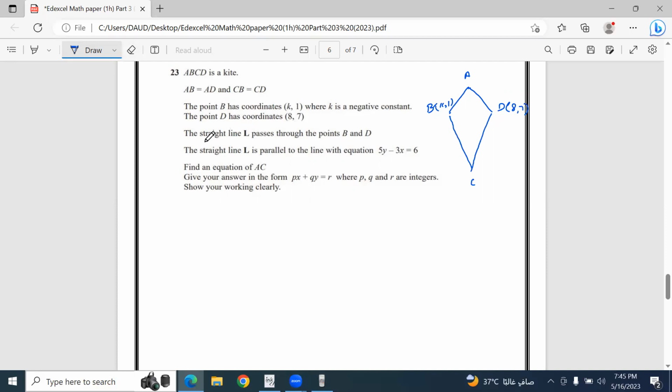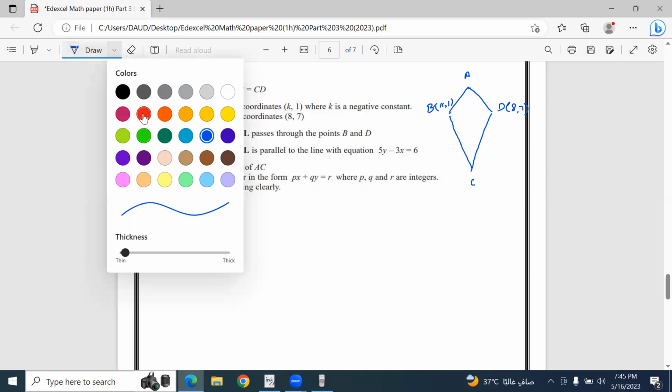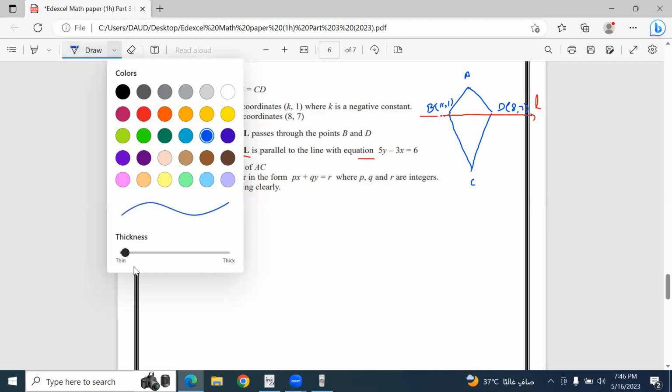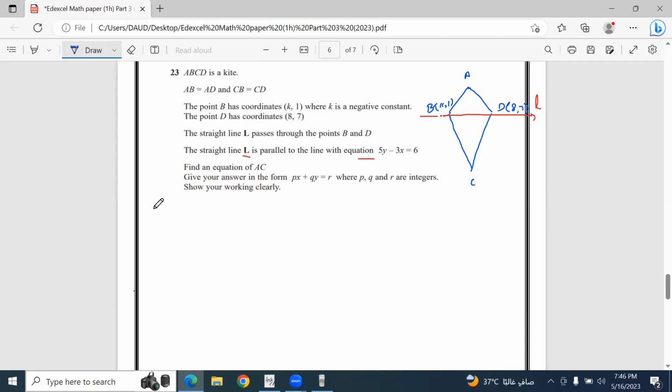And they mention one thing more: the straight line L passes through the points B and D. So we can say that this is line L. The straight line L is parallel to the line with equation 5y minus 3x is equal to 6.